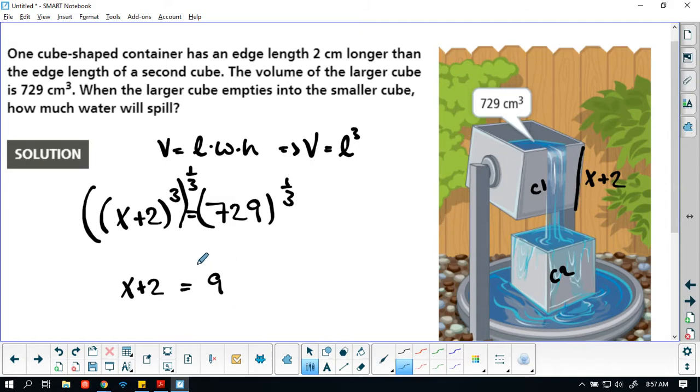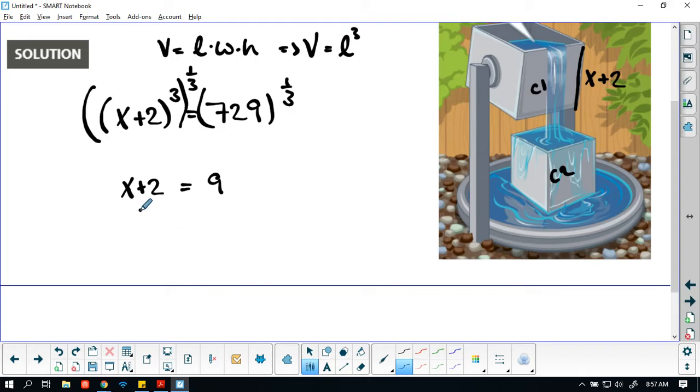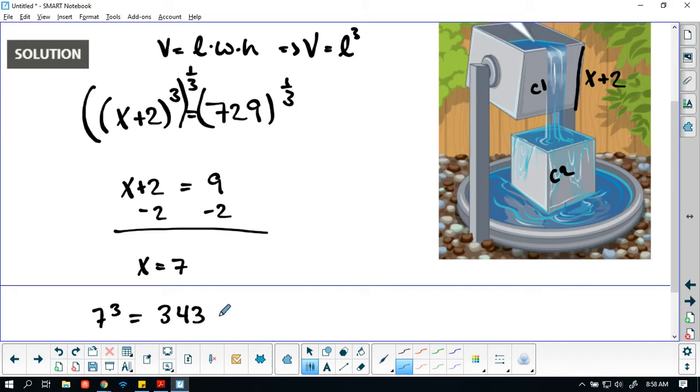All right, and then what I'm going to do now is subtract 2 from each side, and I'm going to get x is equal to 7. So the volume of the smaller cube is going to be 7 cubed, which is going to equal 343 centimeters cubed.